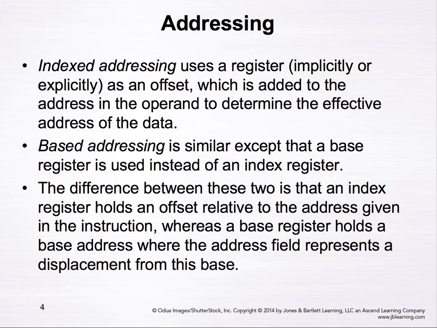The difference between the two is that an index register holds an offset relative to the address given in the instruction, whereas a base register holds a base address where the address field represents a displacement from this base.